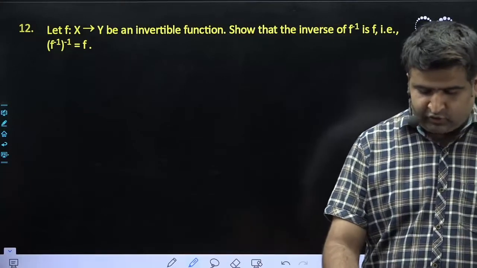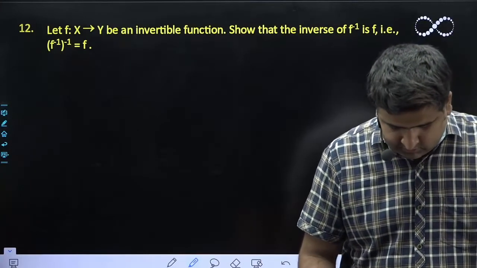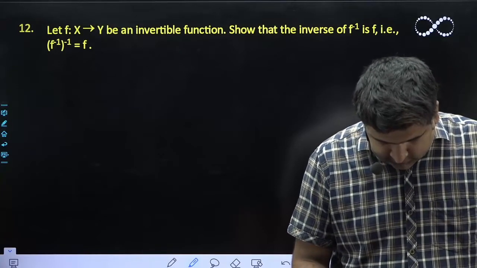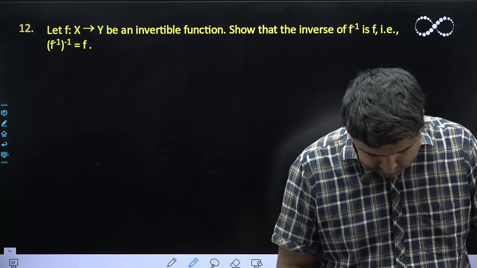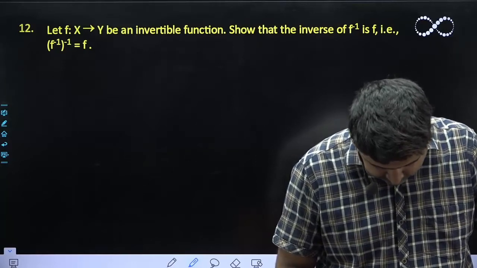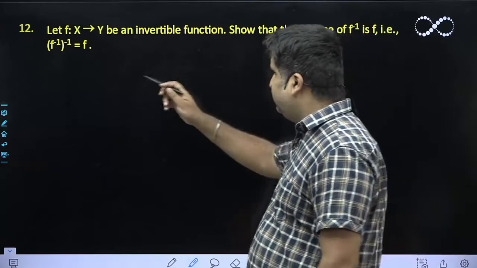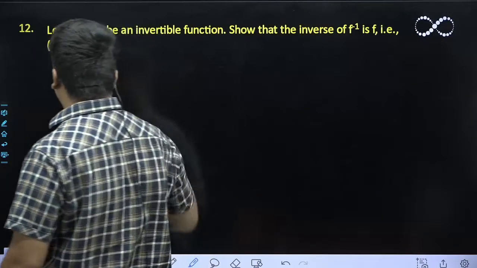Okay, so it's pretty similar to the previous question. In this case we have to show that f inverse of inverse is equal to f.